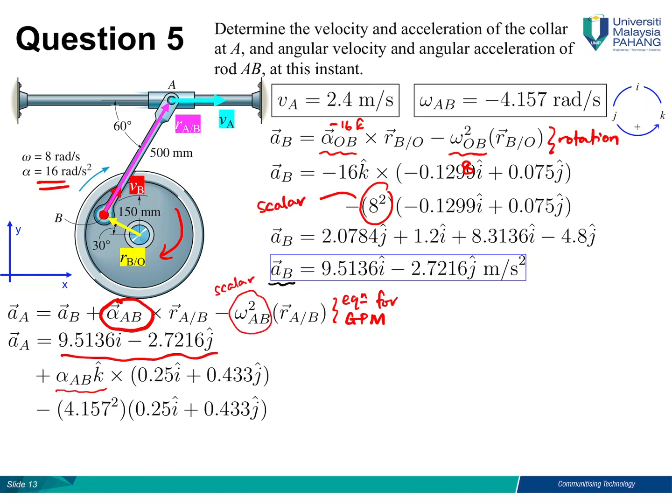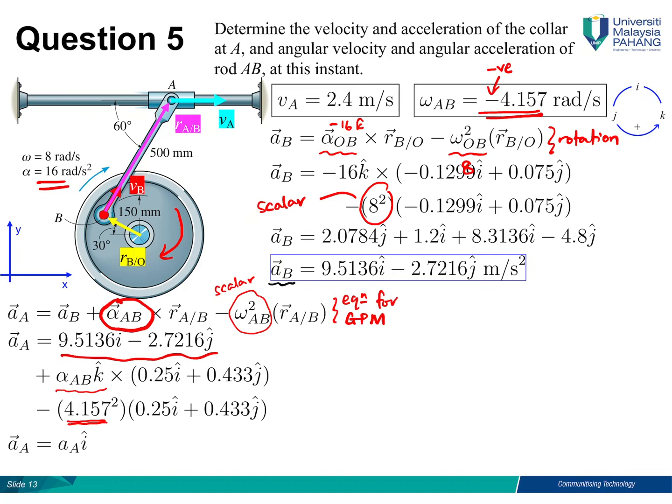So we will take the value from here, which we have determined before. And you notice that there is a negative sign here. Because this is a scalar quantity, you don't have to write the negative sign. So just put in the value 4.157 squared and again multiply with the position vector RA/B.